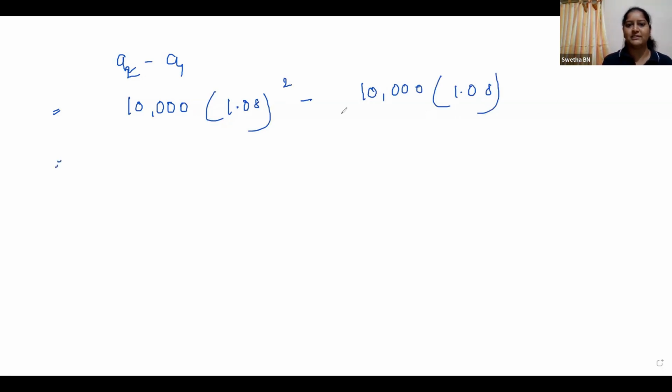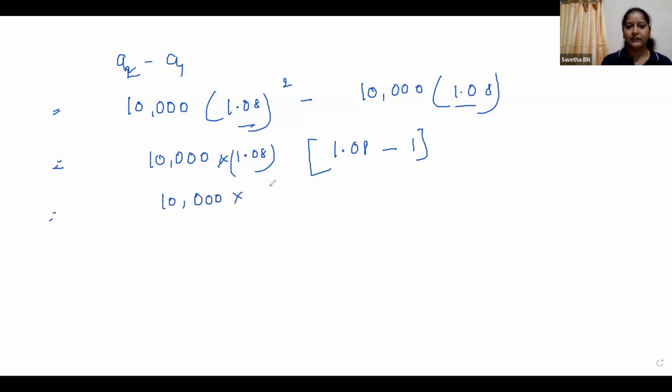See what is common here? 10,000 is common, take it outside. And 1.08 is also common. So what is remaining here? We have 1.08 whole square, so we have one more 1.08, minus, nothing is remaining here, so it is 1. So 10,000 into, don't multiply, just keep as it is, 1.08 minus 1 is 0.08. So this is the first one.